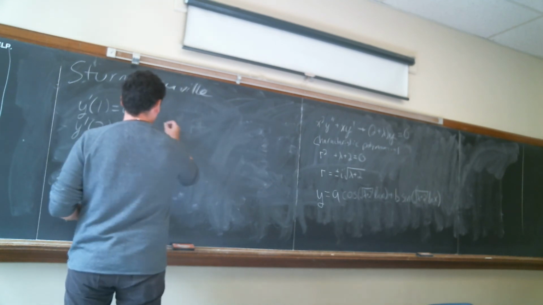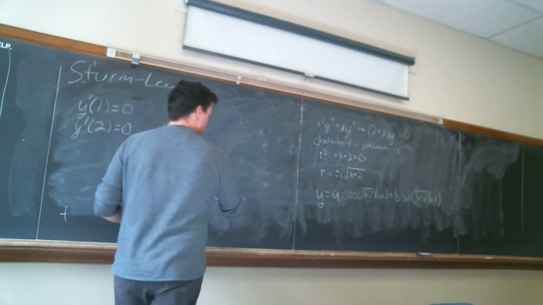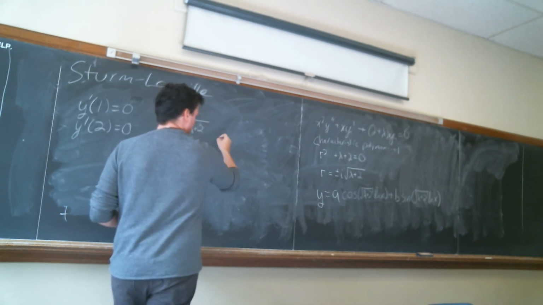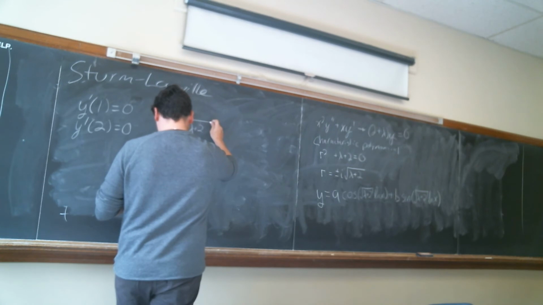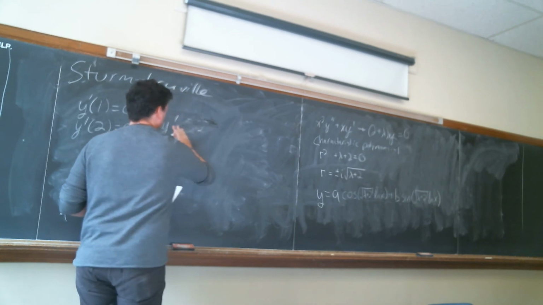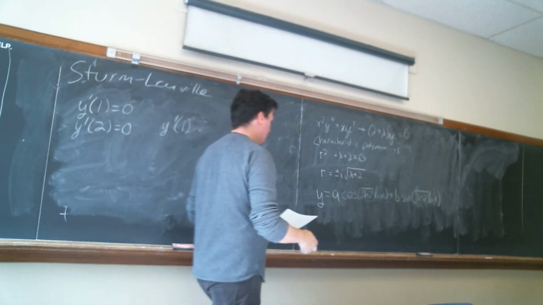So what is it? Y prime is equal to root all this junk here. Oh, what is that equal to? Oh, that is ugly. Well, we actually don't even have to worry about the coefficients because it's at 1.